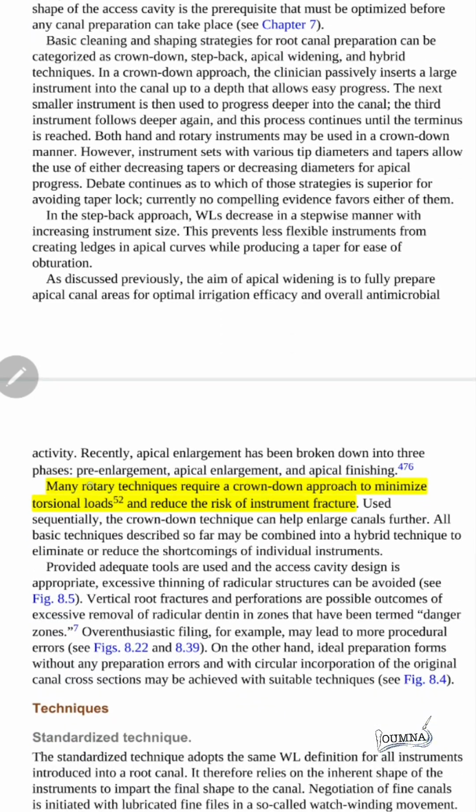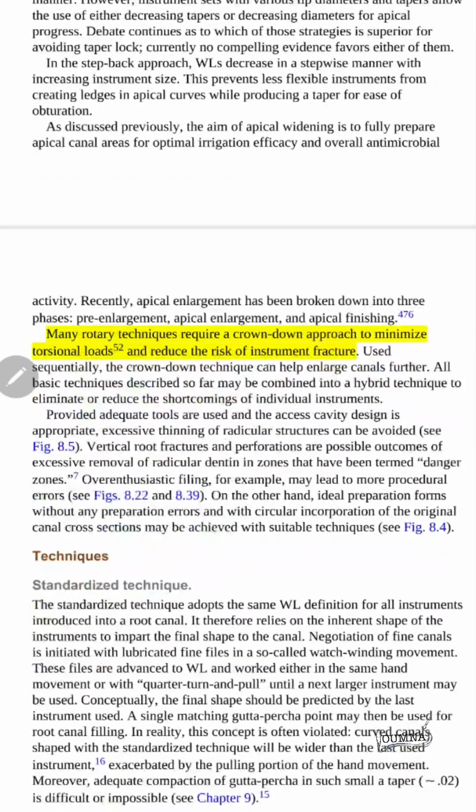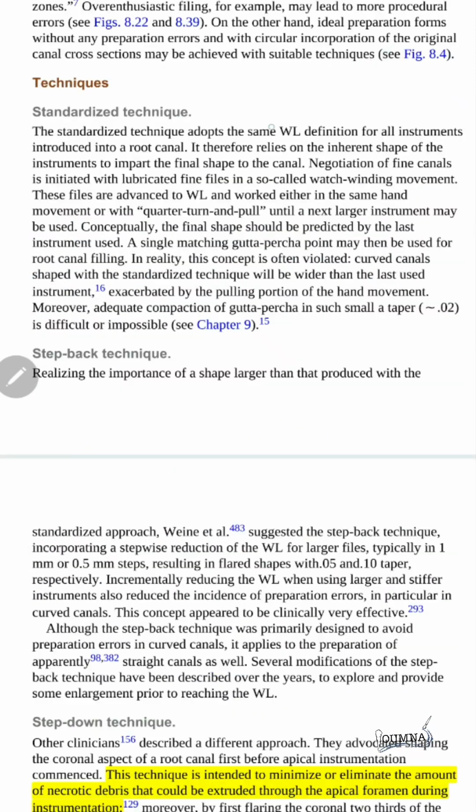So if we are using rotary techniques, the crown down approach is preferable. The standardized technique is that we use the same working length throughout the whole procedure.